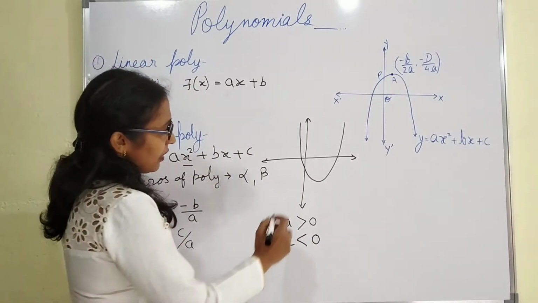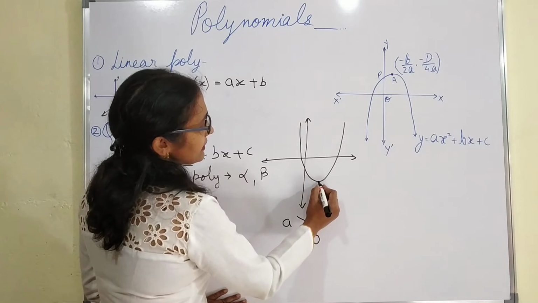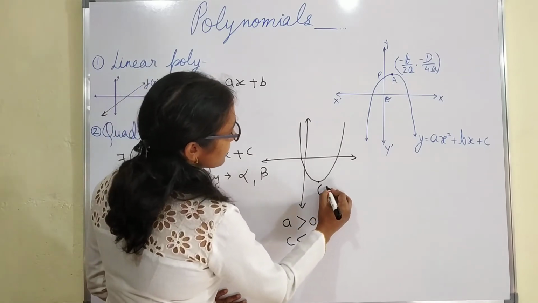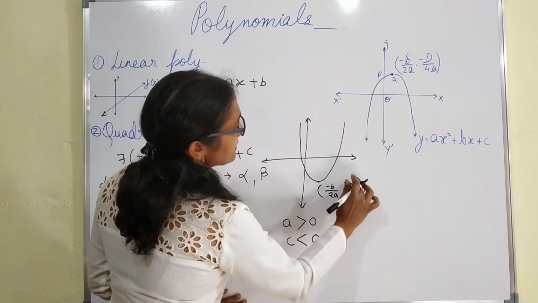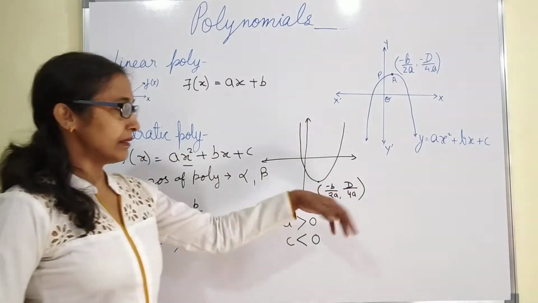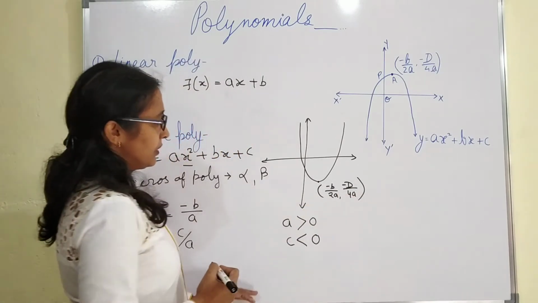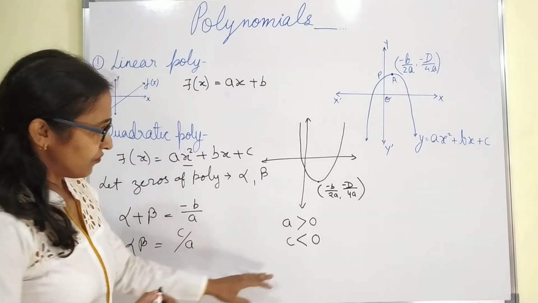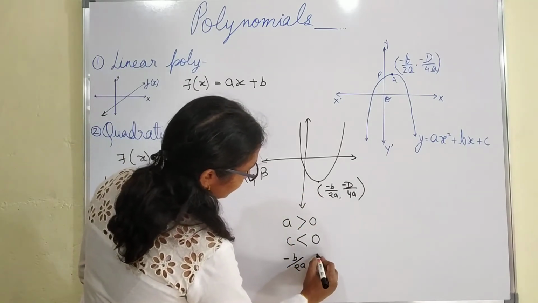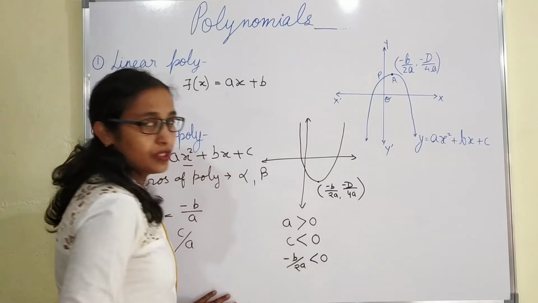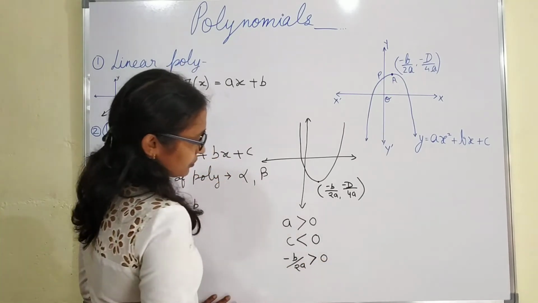Now, one more thing, from where the parabola is turning, that is called the vertex, and the vertex is minus b upon 2a and minus D upon 4a. D is discriminant and you will read about it in the next chapter. So, how to find value of b? Minus b upon 2a is greater than 0.